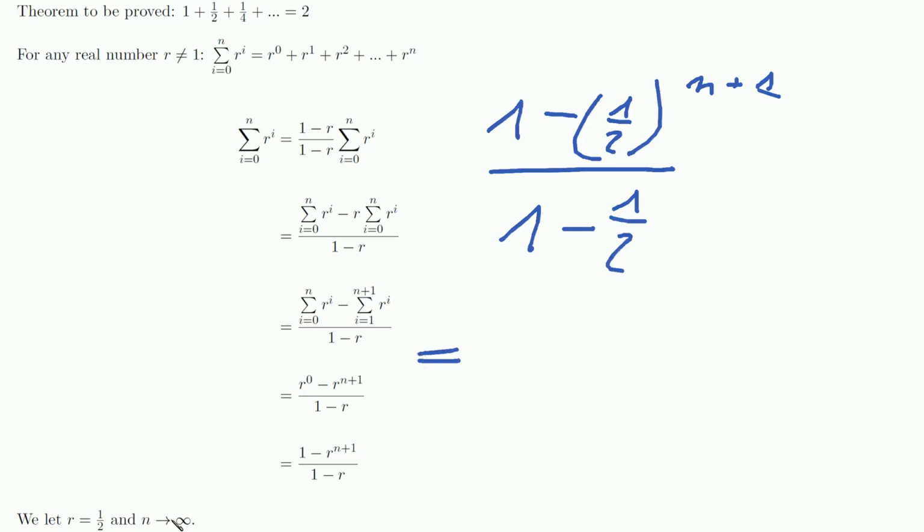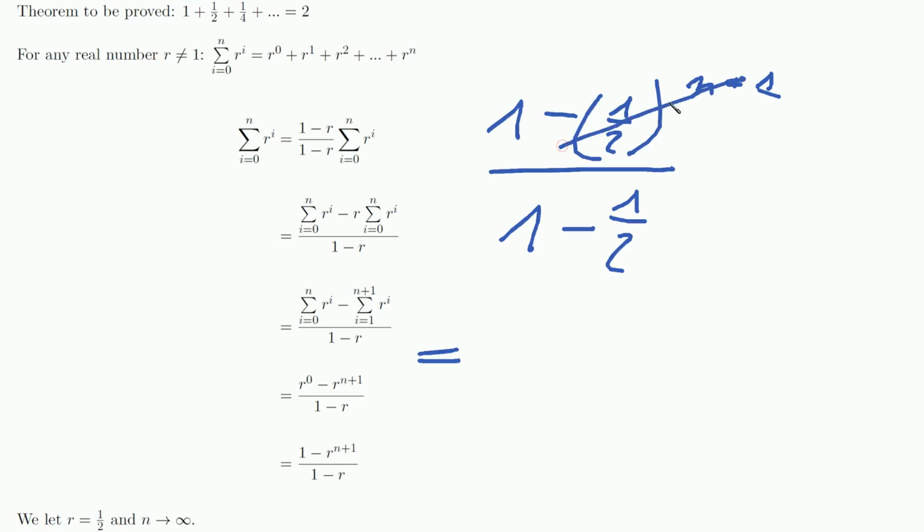Now we say, okay, what happens if we send n towards infinity? Well, 1 over 2 to the power of something converges towards 0, and so if we say n is infinity, we can just plug in a 0 here.